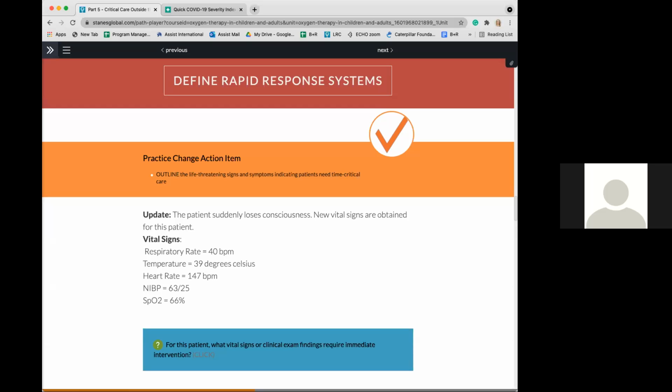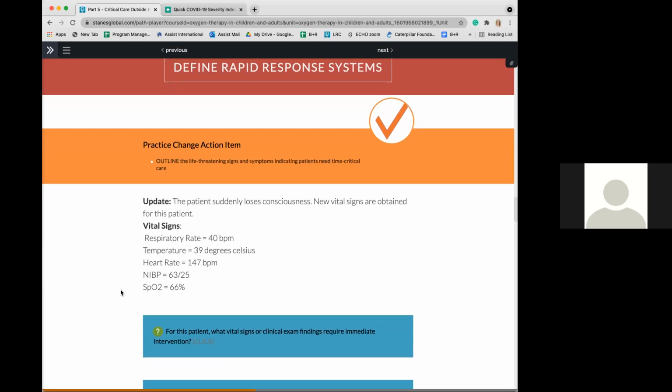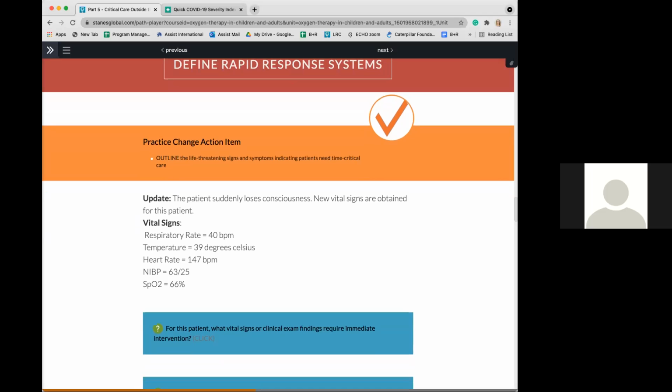So the question to look at now is, for this patient, what vital signs or clinical exam findings require immediate intervention? As you look at the vital signs that we have, which ones would indicate that this patient requires immediate intervention?